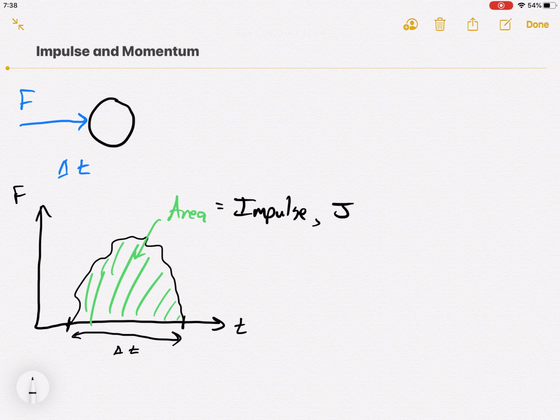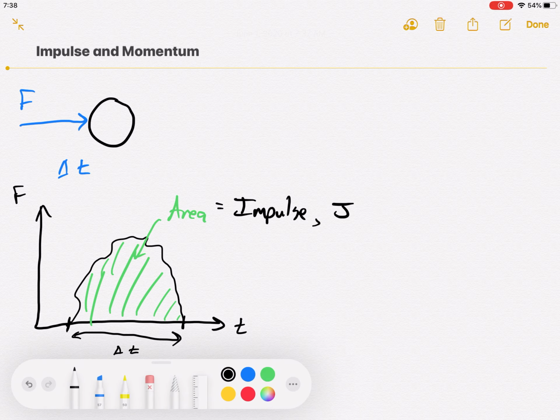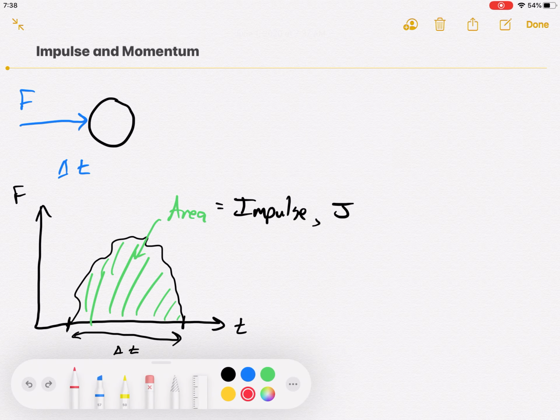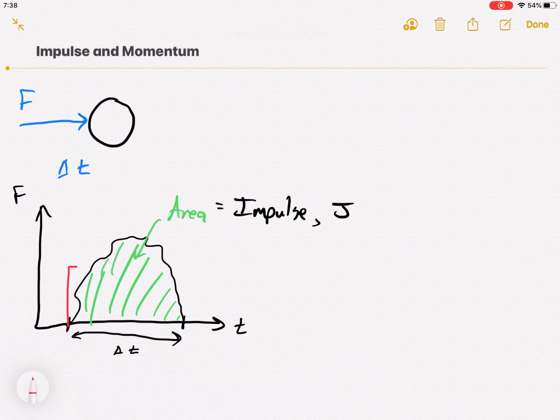But another thing we can do for impulse is say, well, there must be some average force acting over this time that would give me the same area. So we say, okay, what if we modeled this like a rectangle? There's probably some rectangle with the same area. That's probably not that one. It's probably a little higher. There's probably some rectangle with the same area.